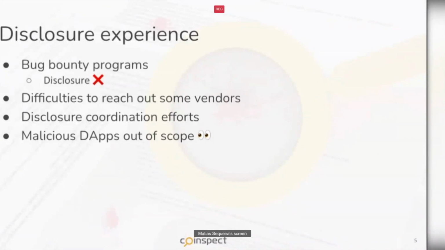Then we also found vendors that didn't even have a contact channel that we could reach out to. Some other vendors that we were able to reach out to didn't get back to us, whether confirming the issue or not, giving us no feedback at all.